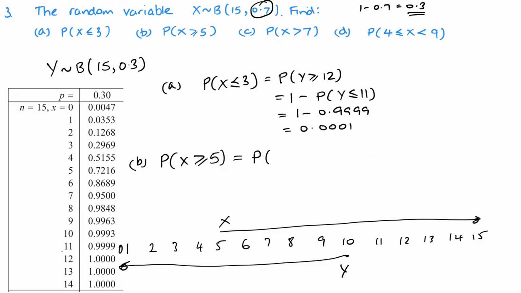So this is the probability that y is less than or equal to 10, which is quite nice because that's straight in my tables there, and we get 0.9993.